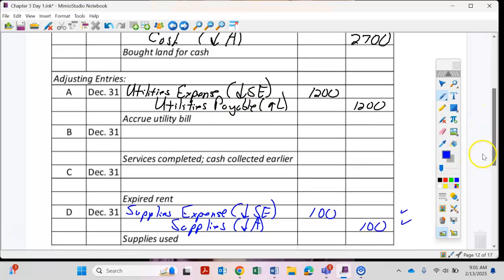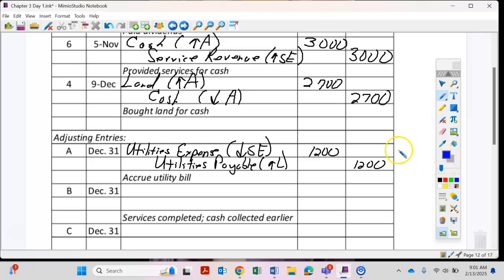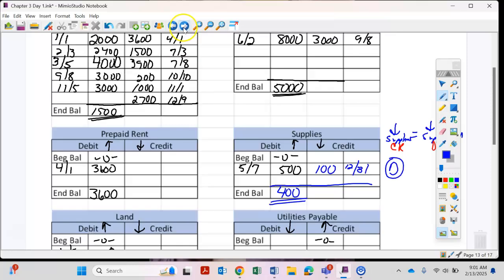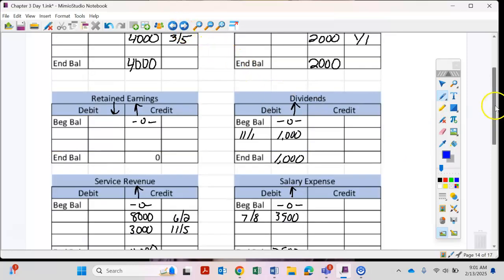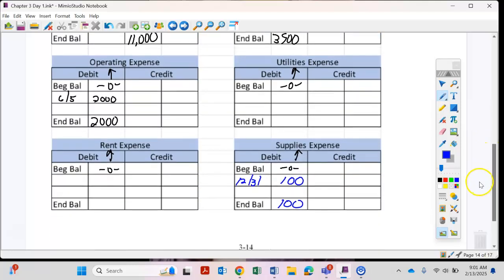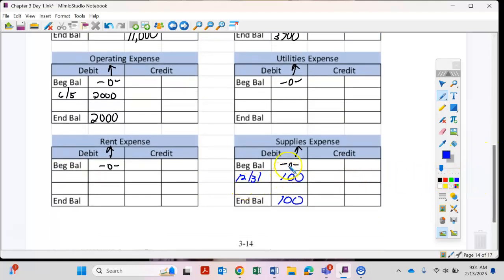We did post this last one, and let's go post this $1,200 utility expense and utility payable. Over here, we've got 12/31 and utility expense of $1,200.